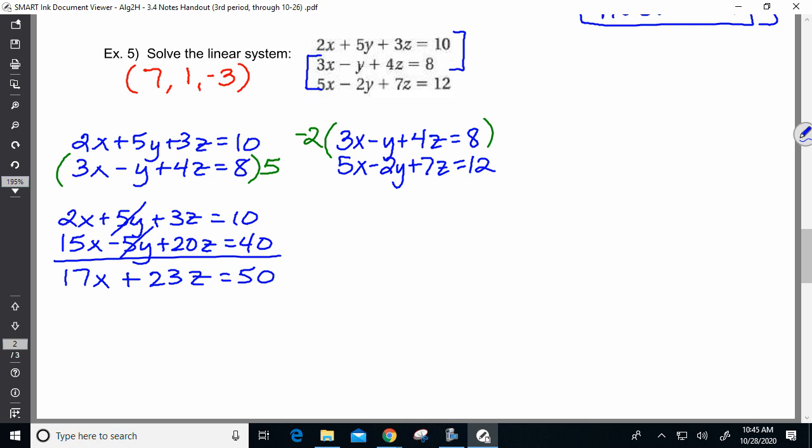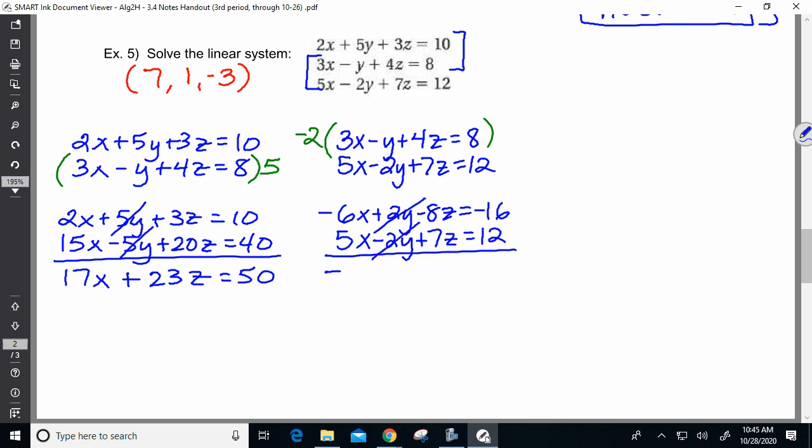So multiply the top equation: -6x plus 2y minus 8z equals -16. 5x minus 2y plus 7z equals 12. Y's drop. -1x minus 1z equals -4.